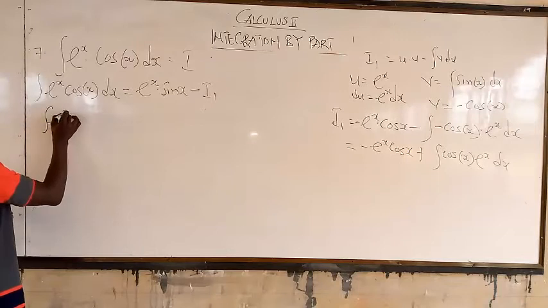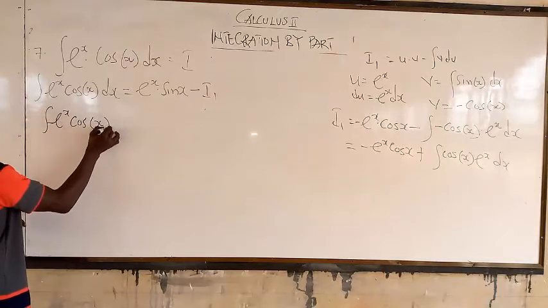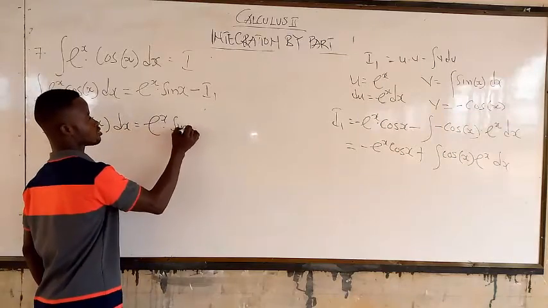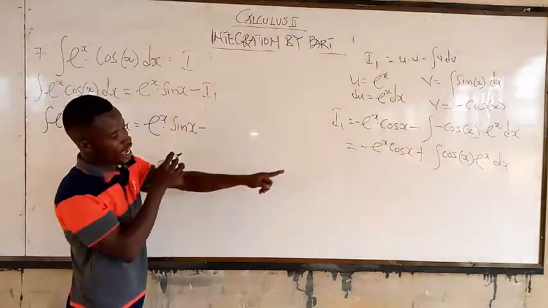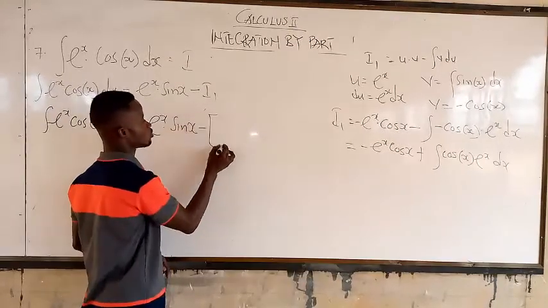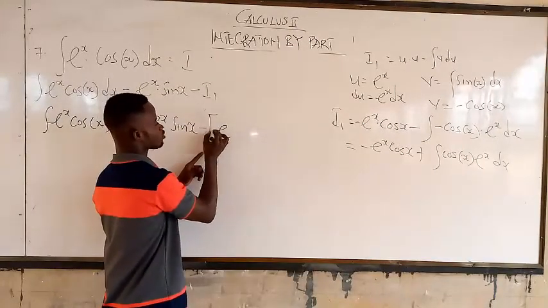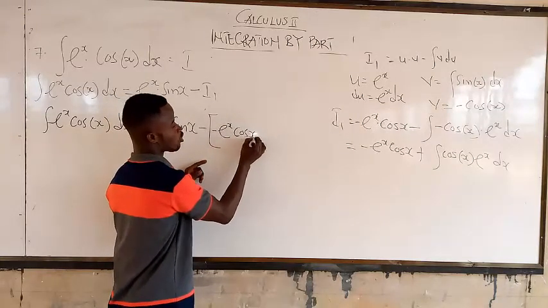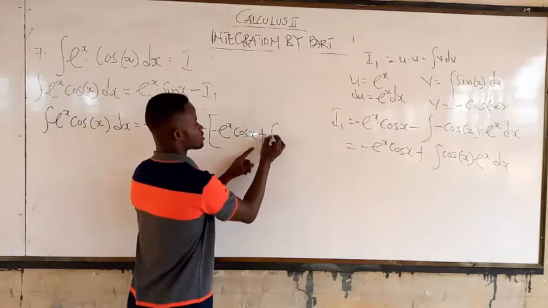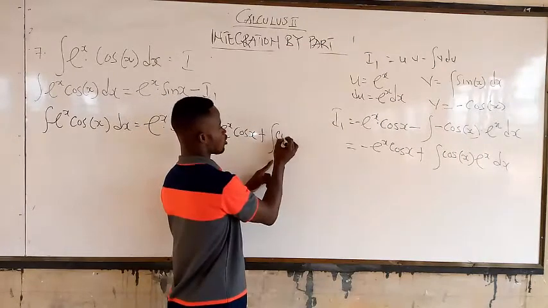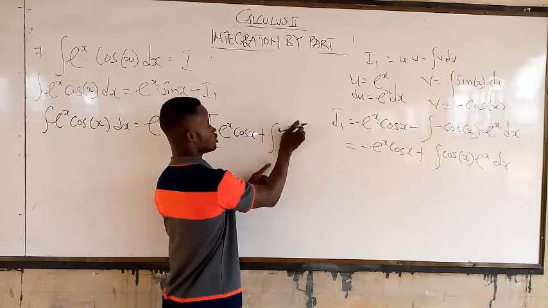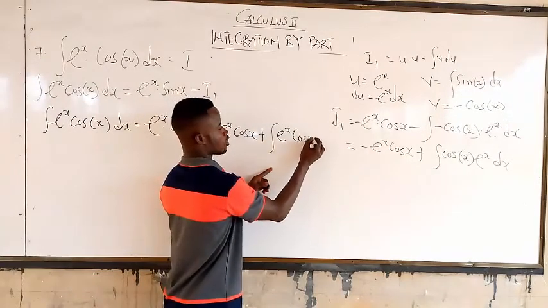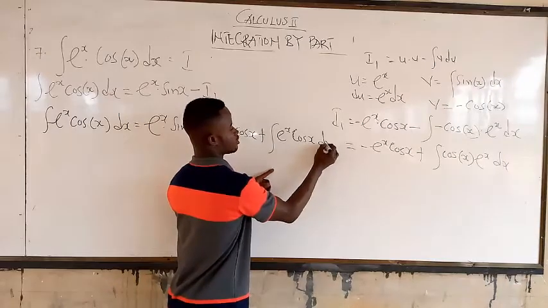And the I1 is what we are having here. So e raised to the power s cos s ds equals e raised to the power s sine s minus I1. And the I1 is this. So we get negative e raised to the power s cos s plus integral of e raised to the power s cos s ds.